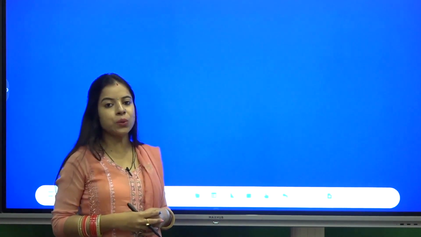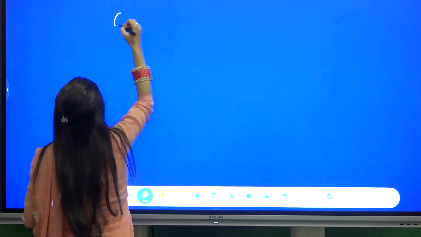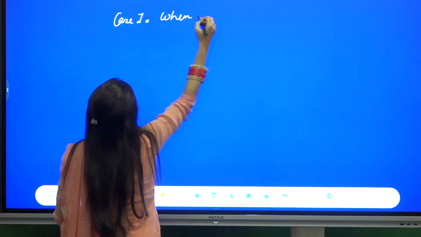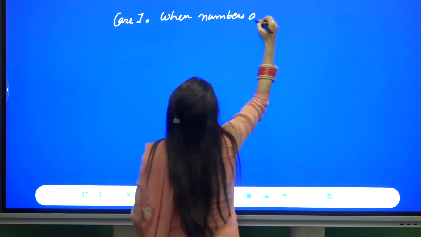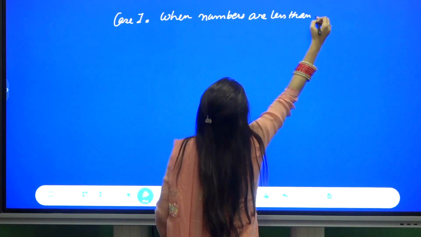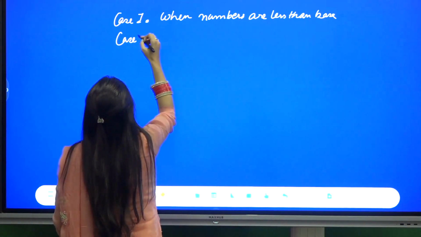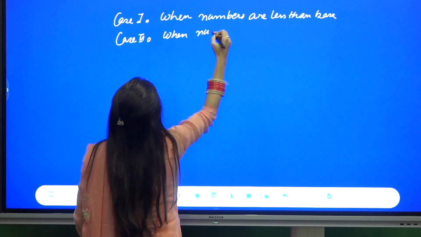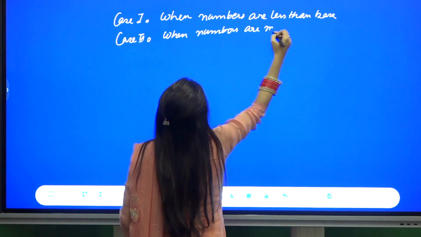So, let us see how we are going to perform base multiplication. Firstly, I am going to consider three cases. Case 1: when numbers are less than base. Second case: when numbers are more than base.